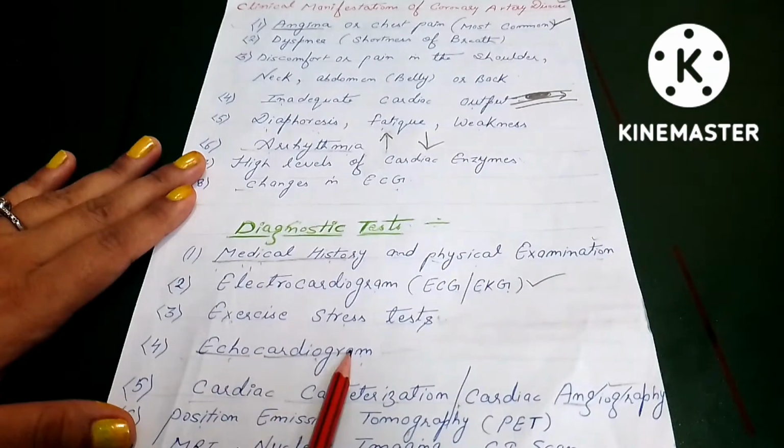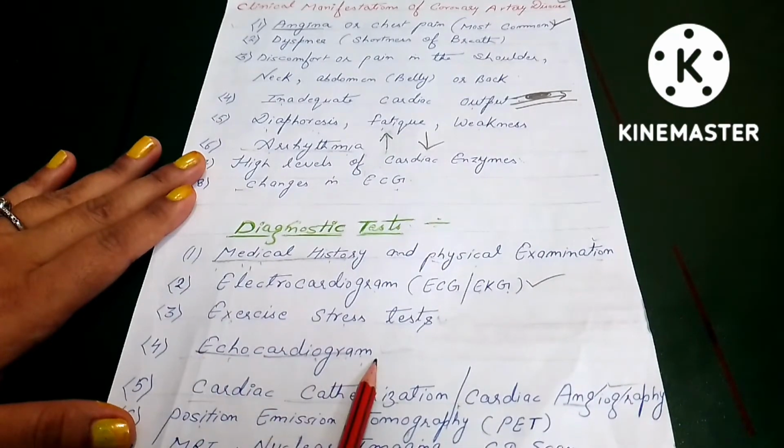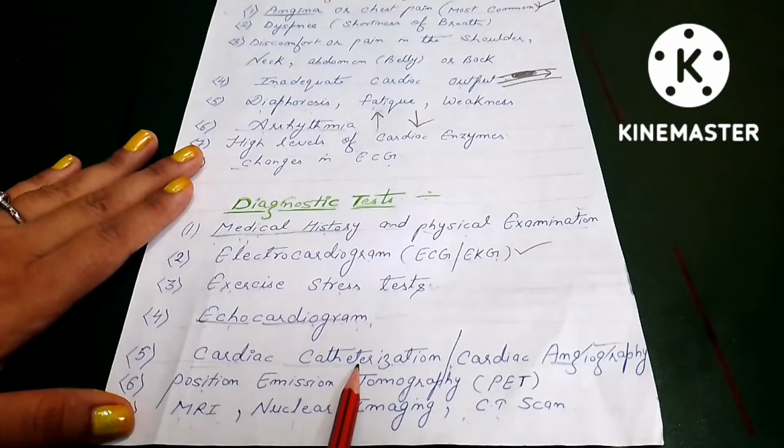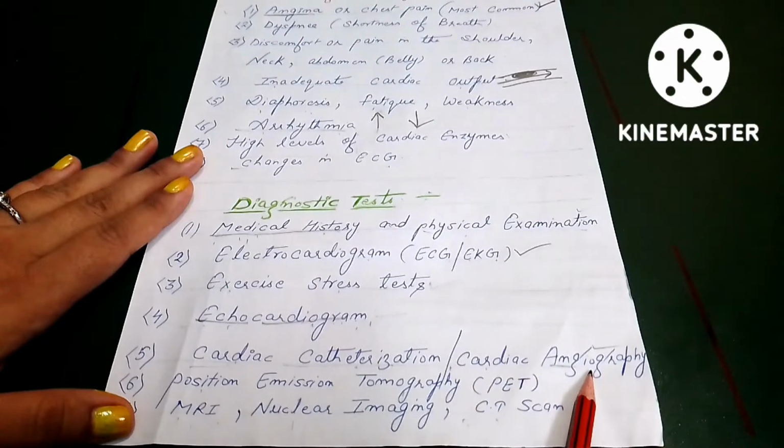Okay, so in the echocardiogram the sound waves are sent through the heart muscles and chambers and we can record it. The next test is cardiac catheterization, and we can also call it cardiac angiography.